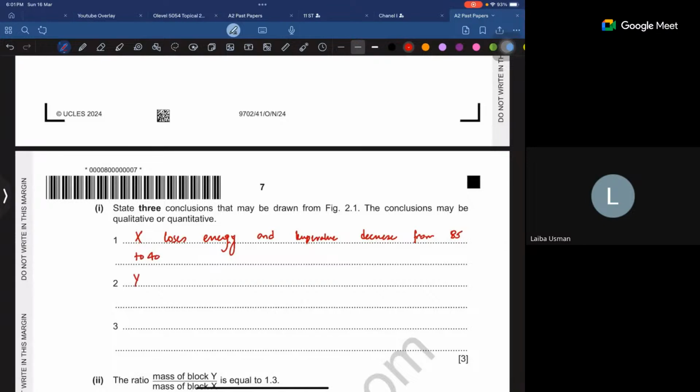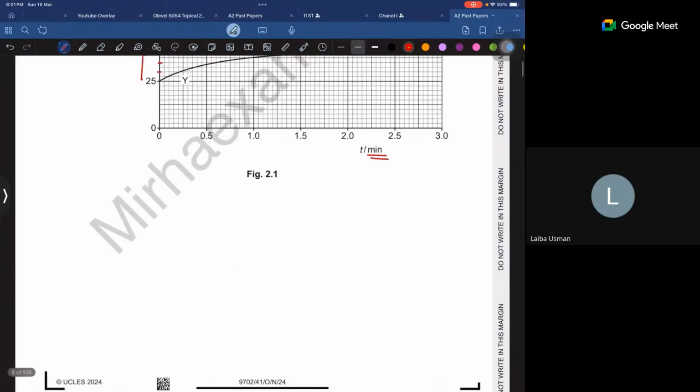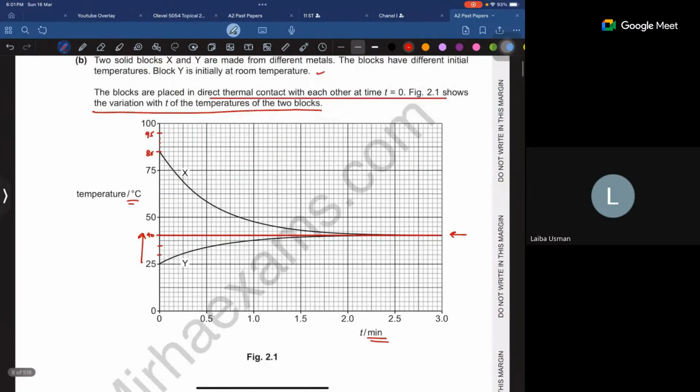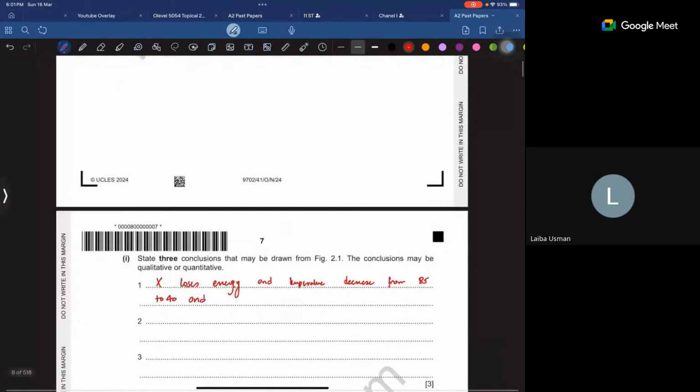Then I'm going to say Y, and in fact, I'll just write it in the same one. Y goes from 25 to 40. So Y gains energy and temperature rises from 25 to 40. So I'm going to write that. All right.